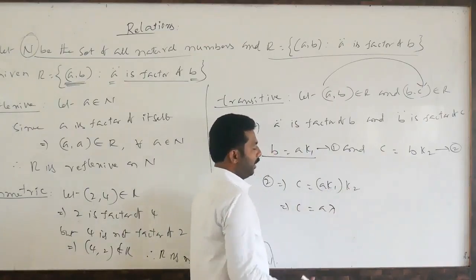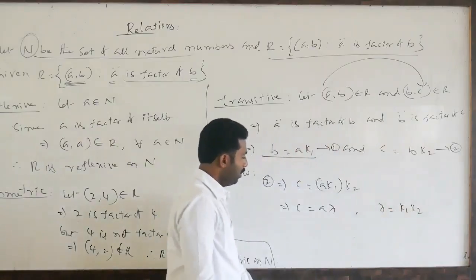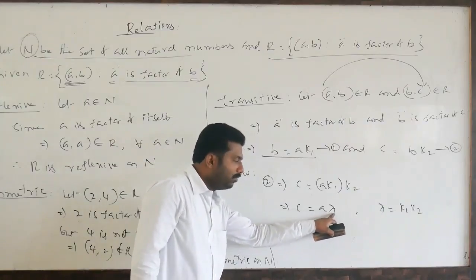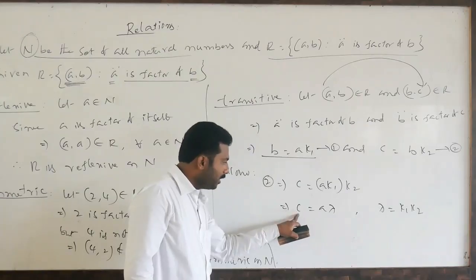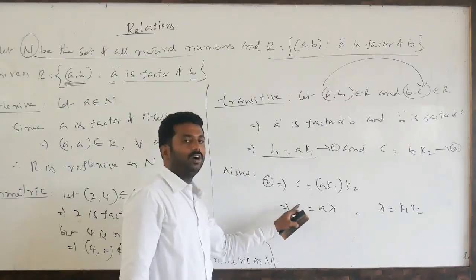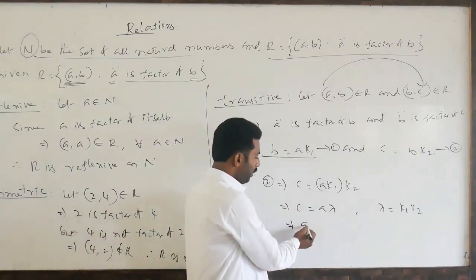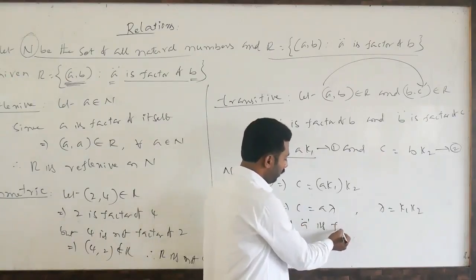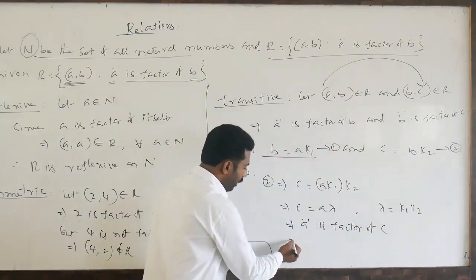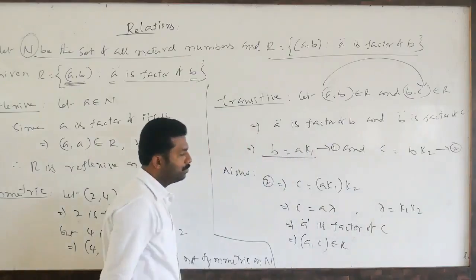So C can be expressed as the product of two numbers, which means we can say that A is a factor of C, or A divides C, or C is divisible by A. So A is a factor of C, which means (A, C) also belongs to capital R.